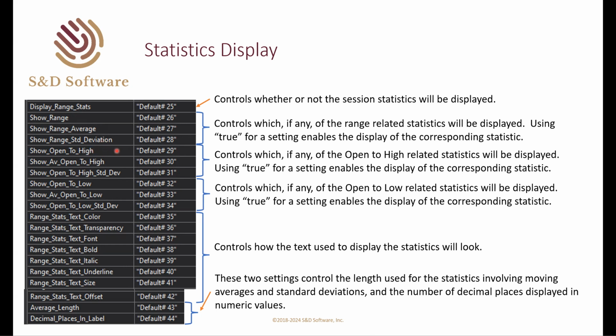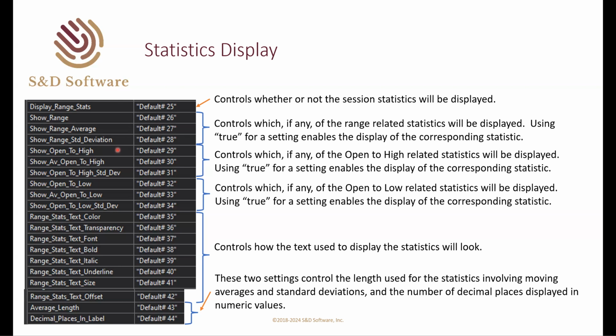The next block, again, follows the same pattern. We have our basic measurement, which is the open to the high of the session. And then we have the average of that across multiple sessions and the standard deviation across multiple sessions.